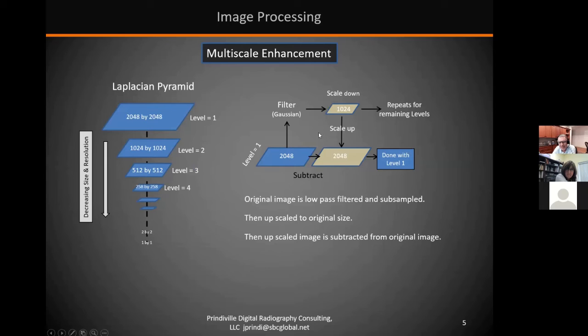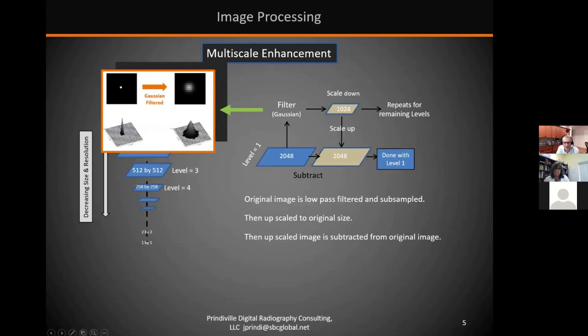Before I scale it down to 1024, I'm going to filter it, in this case with something called a Gaussian filter. So what is a Gaussian filter? If I have a 1 pixel point here with an intensity in it, it's going to show as a nice sharp spike.